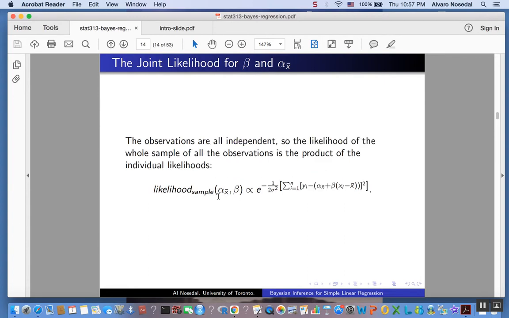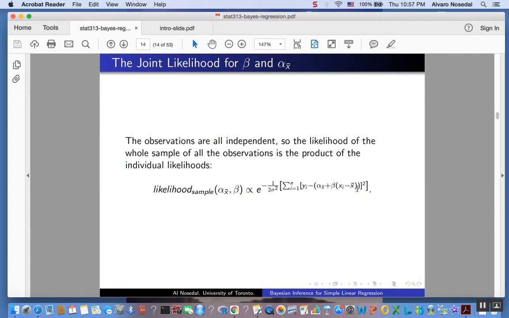Okay? So we have something like this, right? And then we did a little bit of algebra, and we were able to express the likelihood of a sample, for alpha, x bar, and beta, the parameters of the alternative simple linear regression model form.